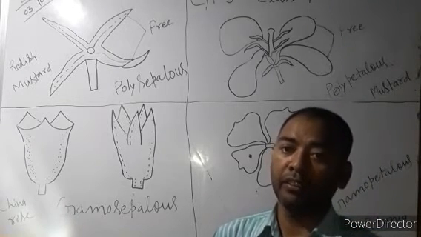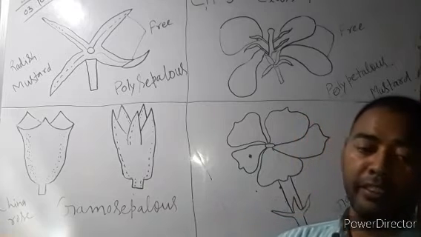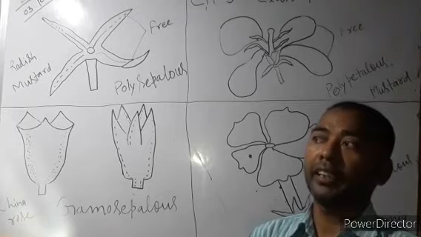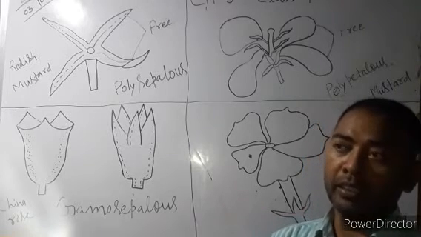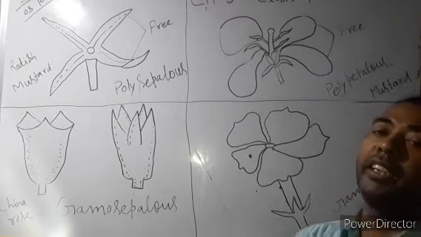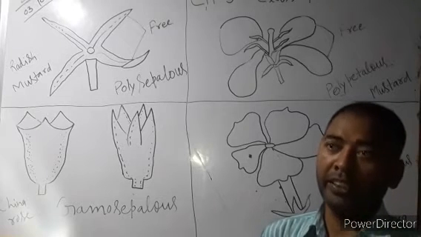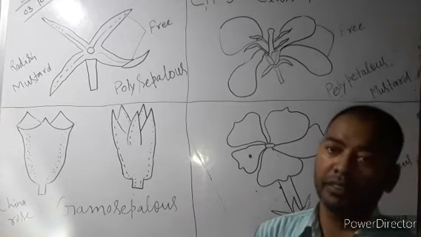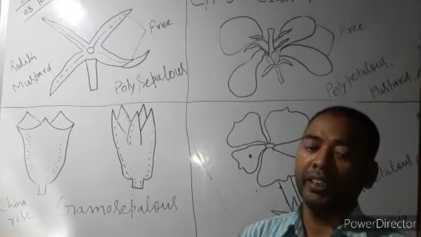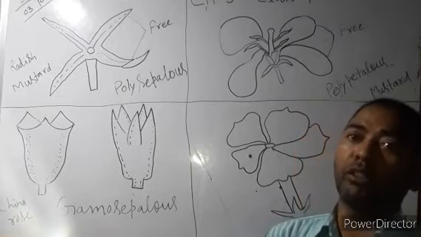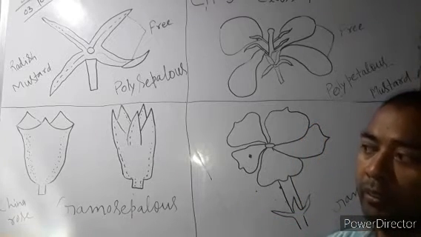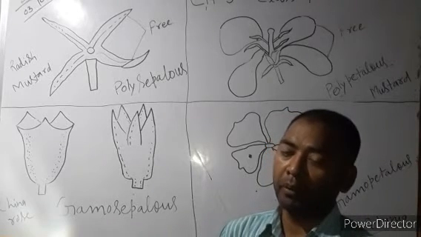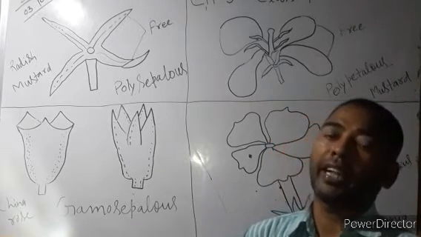In the flower, the calyx looks like the outermost part, a greenish colored structure, and is found 3 to 5 in number. Sepals is the individual name, but a group of sepals we call a calyx.